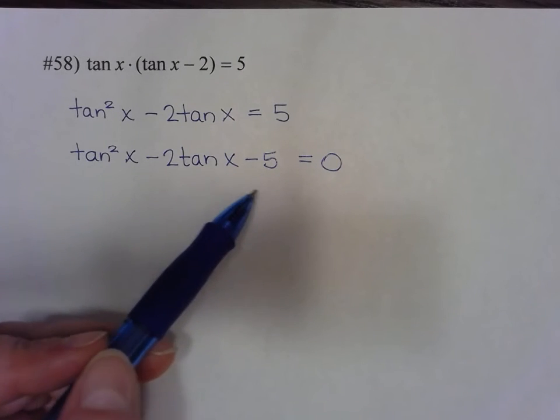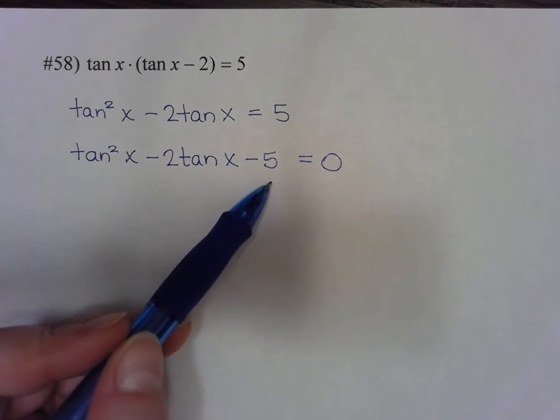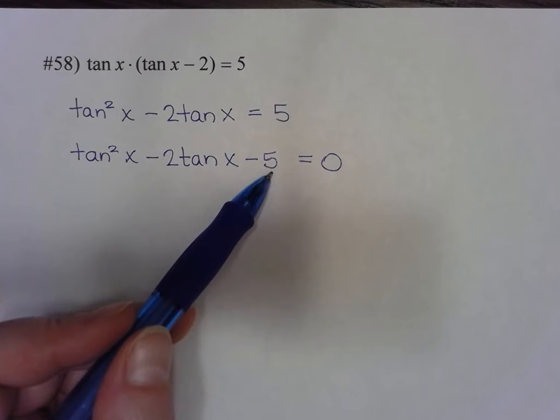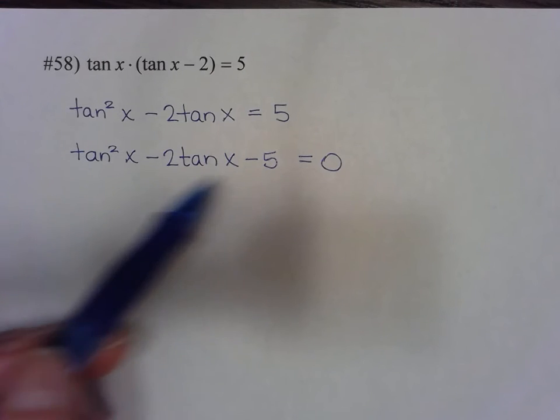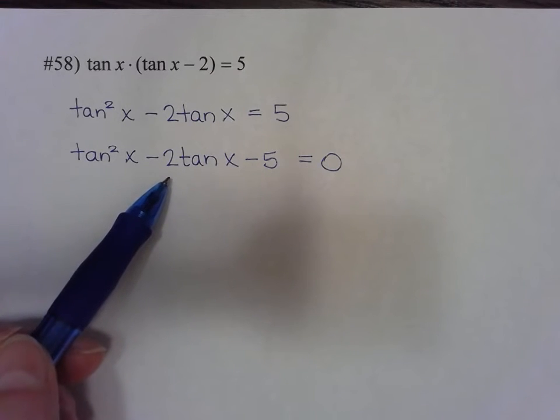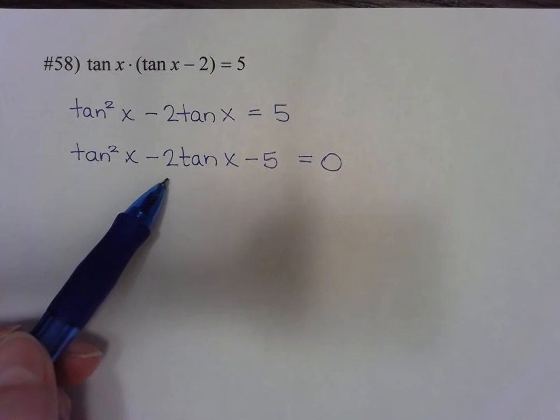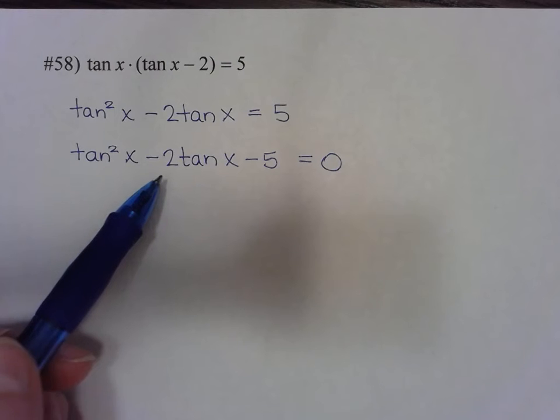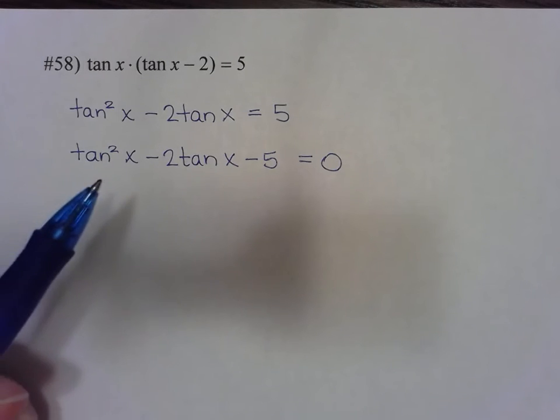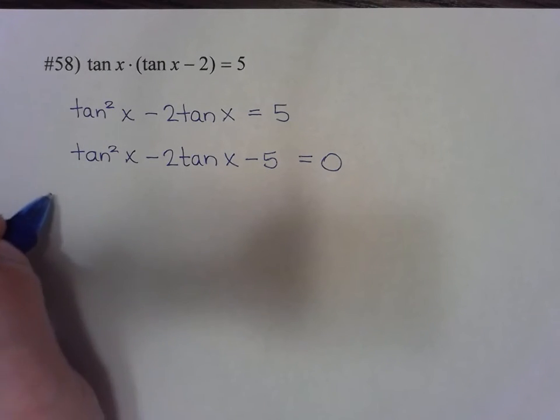Okay, so then I'm going to think really hard about, can I factor this? I need two numbers that multiply to be 5 or negative 5 and add to be negative 2. 5 and 1 are my only choices, and those definitely don't add or subtract to be a 2. So I can't factor this, which means I'm going to need to use the quadratic formula.